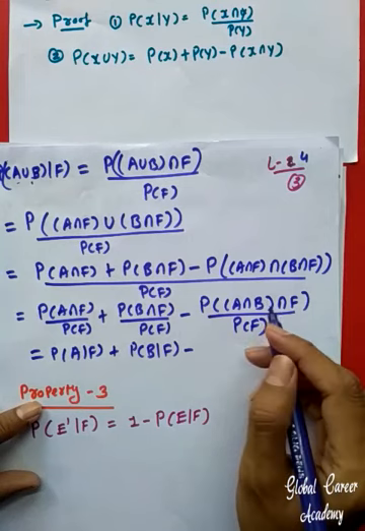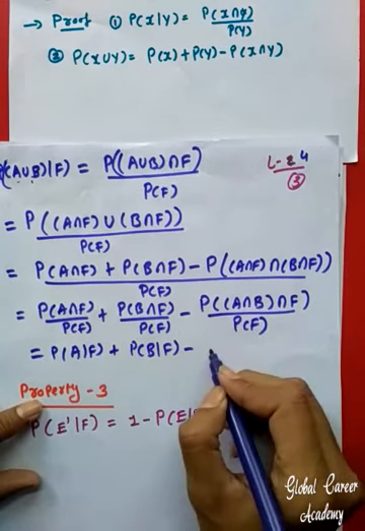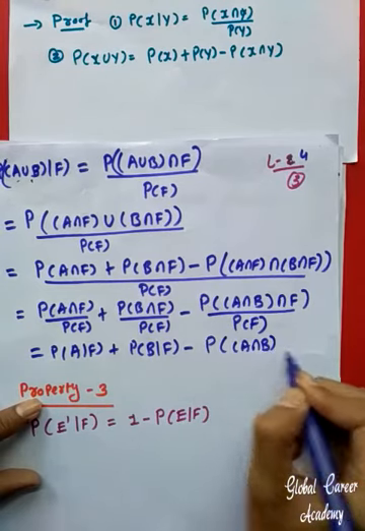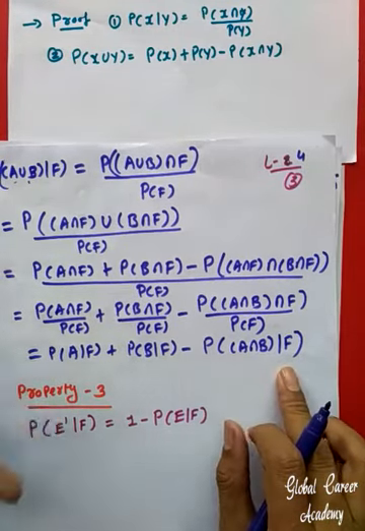Imagine it as X for a while. So it will be P of A intersection B given F, right? So this is how you can prove it.